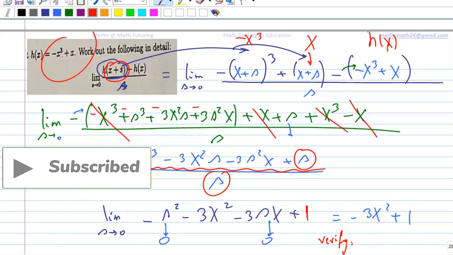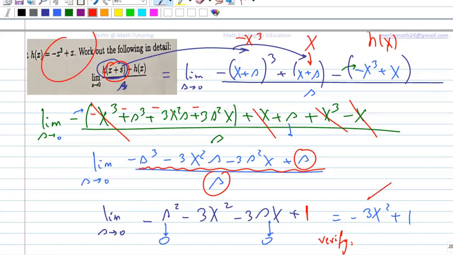If you take the derivative of this, you see my 3x square is right and the plus x derived becomes 1. So it's correct. You can verify it mentally or work it out with the direct derivative. If you derive it directly, you get the answer below. Yes, the question.